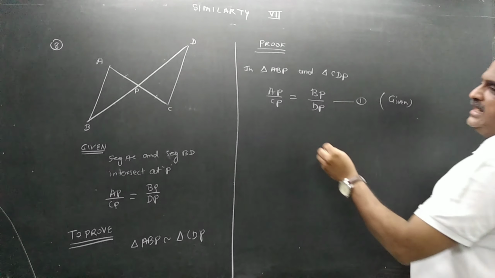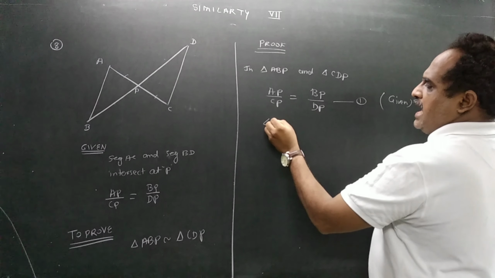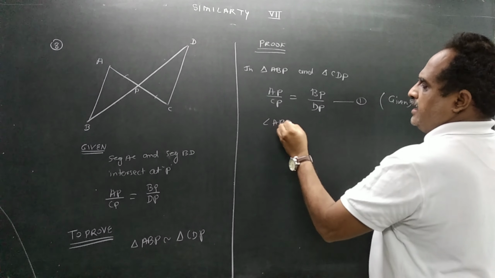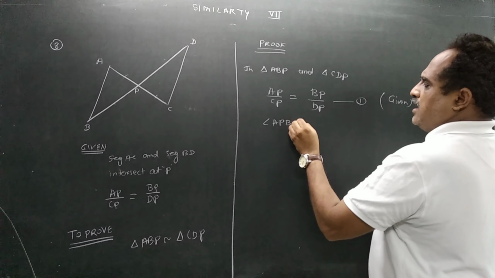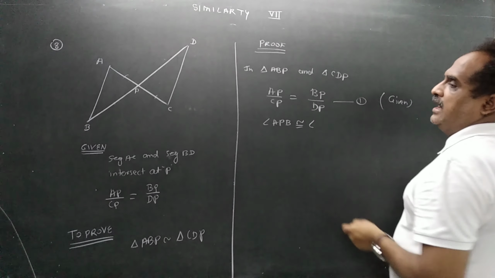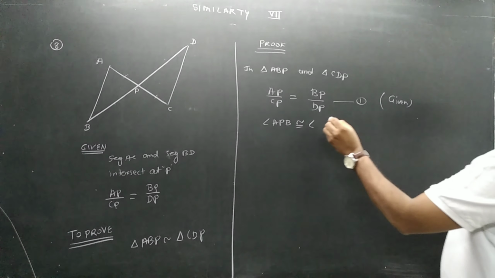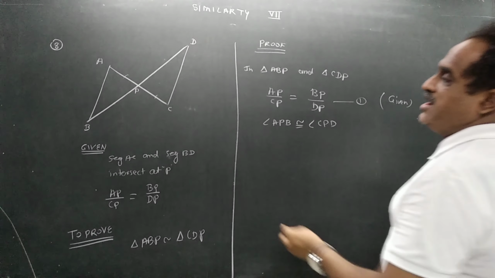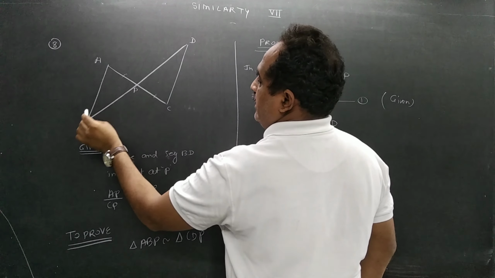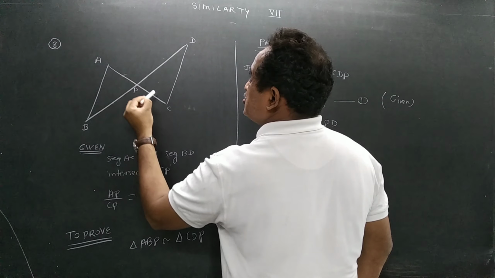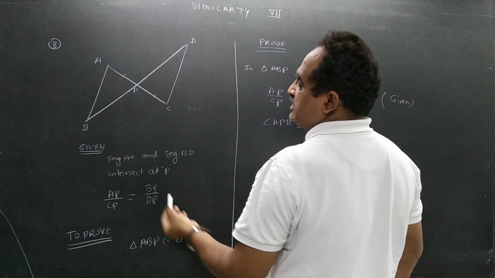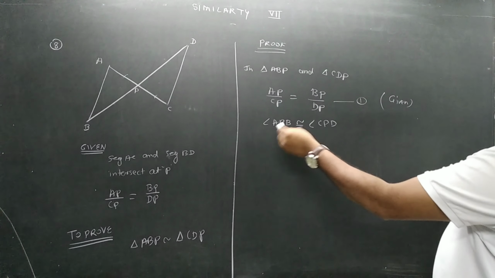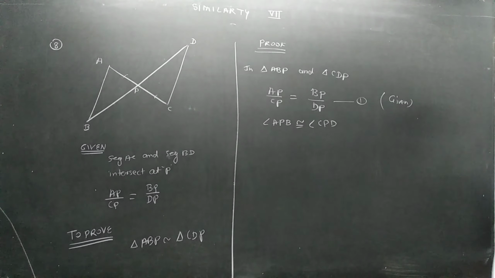And we know that angle APB is congruent to angle CPD. Please take care. When you are taking APB, because these two sides they have given the ratio of these two sides, so when you are taking AP, you have to take CP. So angle APB is congruent to angle CPD.